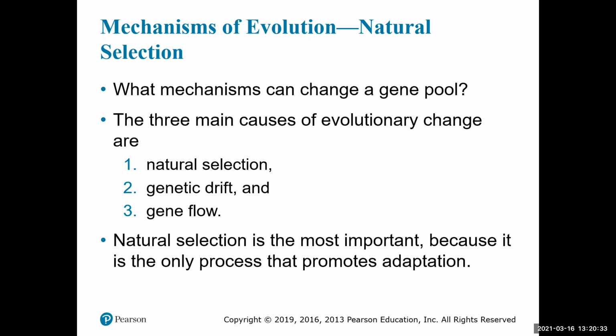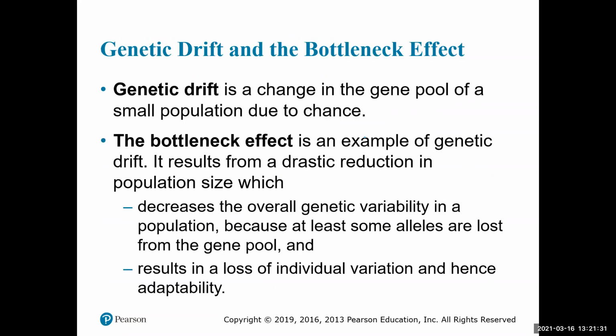So it's the only process that generates the evolutionary adaptations in the population. And we've spent a lot of time already discussing natural selection. Okay? So now we're going to go into genetic drift and gene flow and actually discuss what these are.